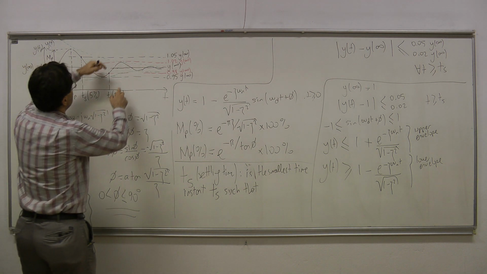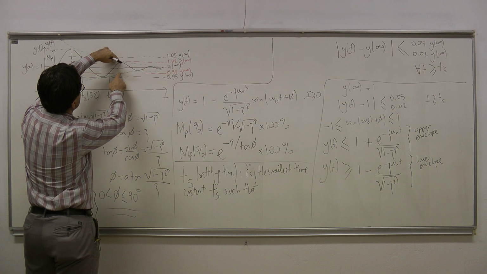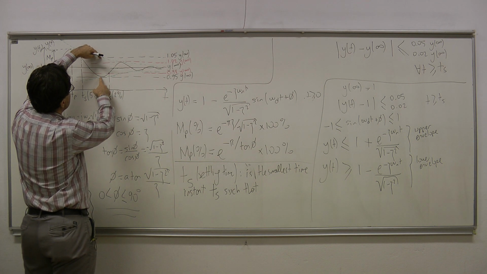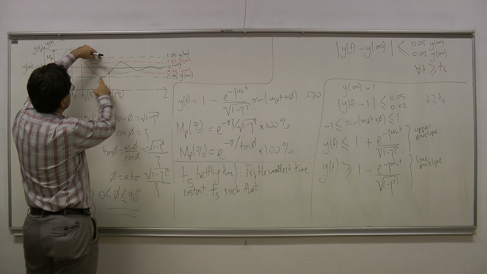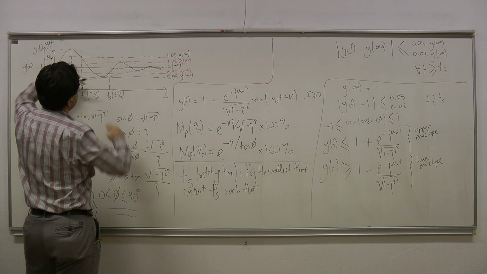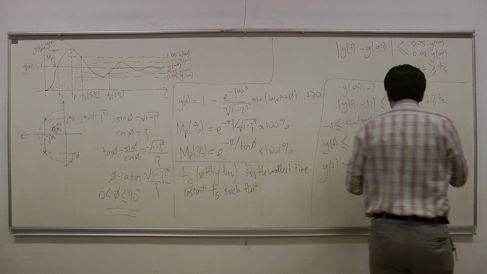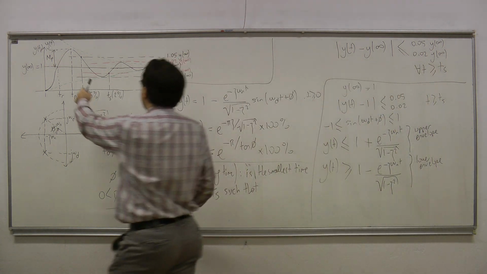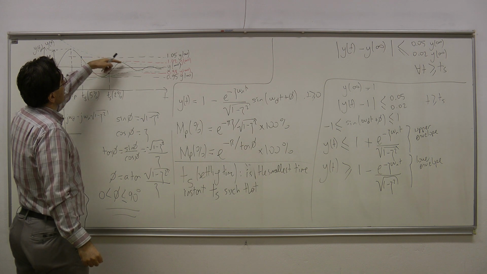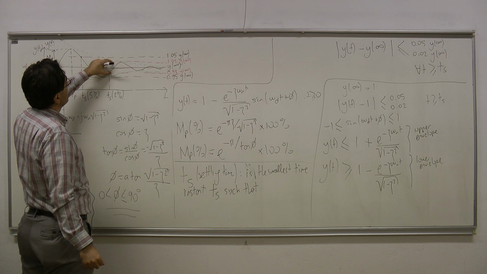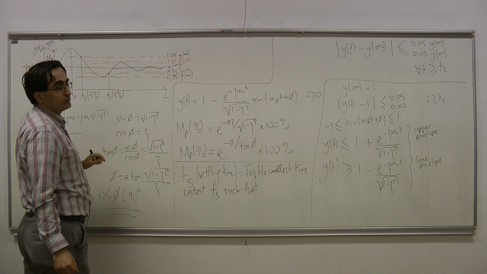So if I find the 2% intersection and if I find the 5% intersection of these boundaries with this envelope function, then I will guarantee that the actual response is going to remain inside the individual percentage boundaries here.